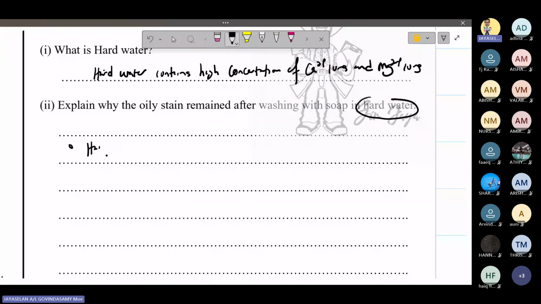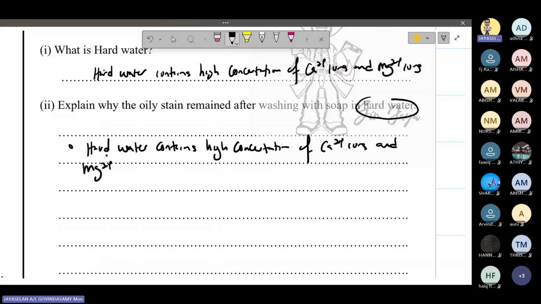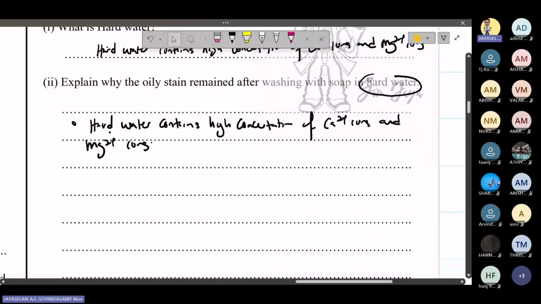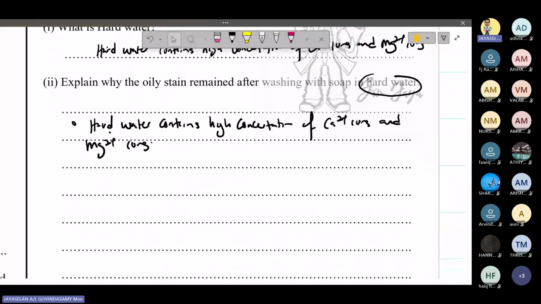You put: hard water contains high concentration of calcium ions and magnesium ions. You already score 1 mark. Copy down.